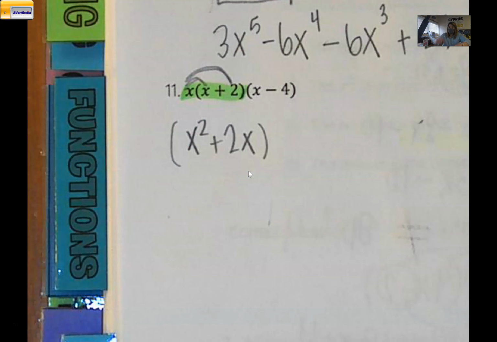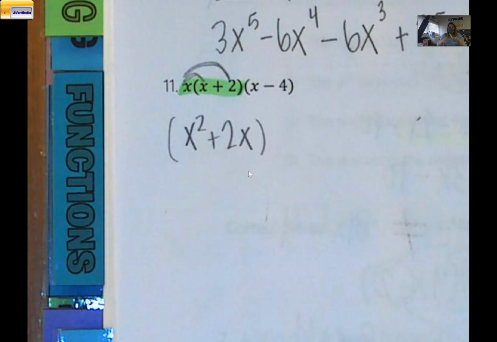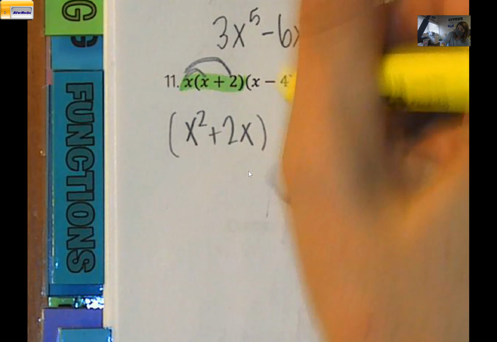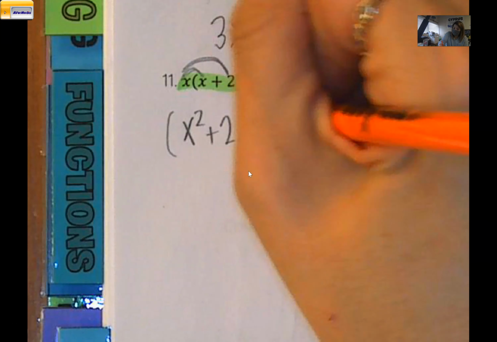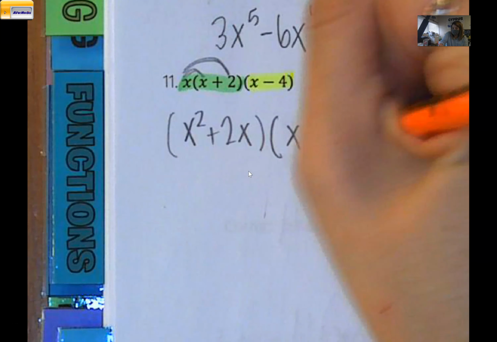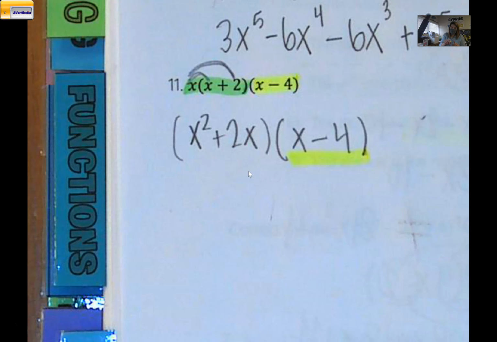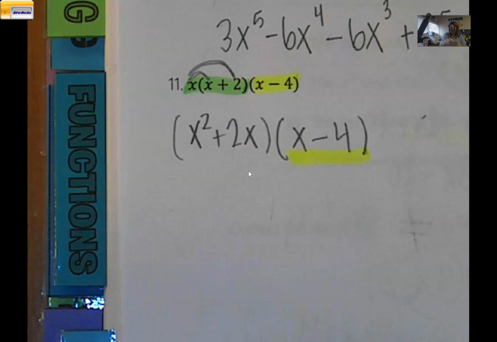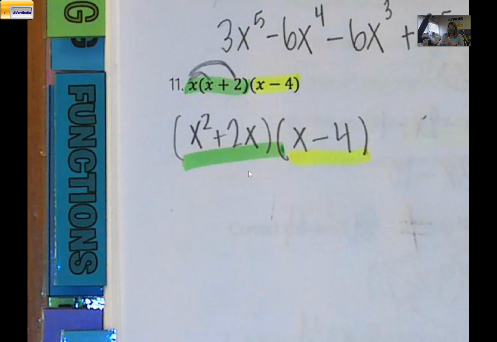Now what you have to do is put parentheses around that and bring down this one that I left. So now you got to bring down x minus 4, and that just becomes a double distributing problem, like we've talked about.